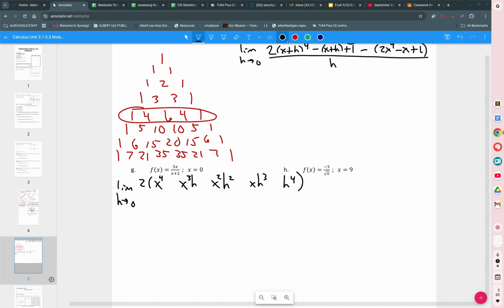And what we need to know are the coefficients. What is the coefficient in front of x cubed h? 4. Because 1 is the coefficient in front of x to the 4th. What's the coefficient in front of x squared h squared? 6. 4 and 1.